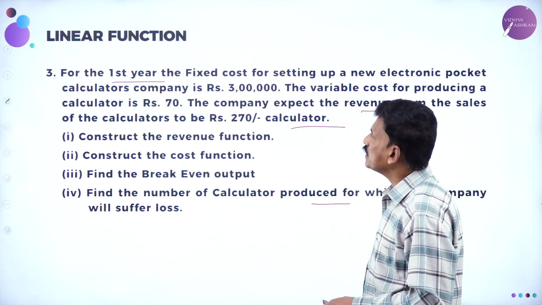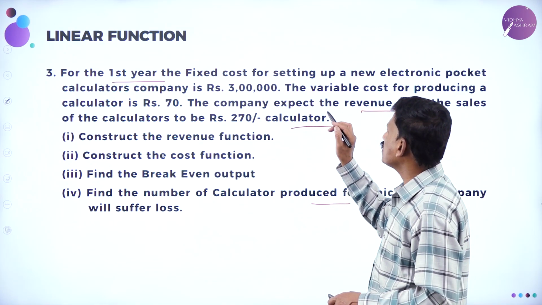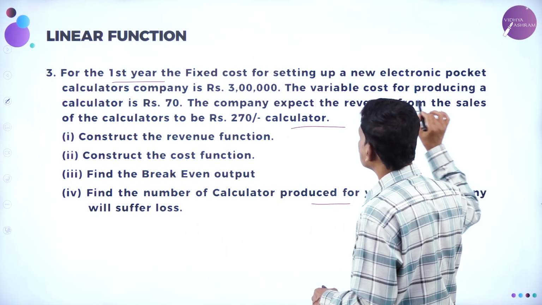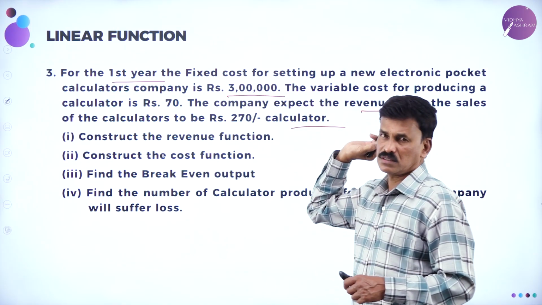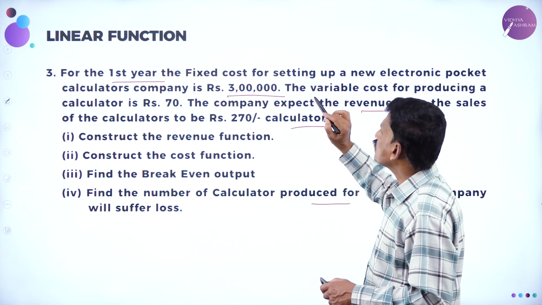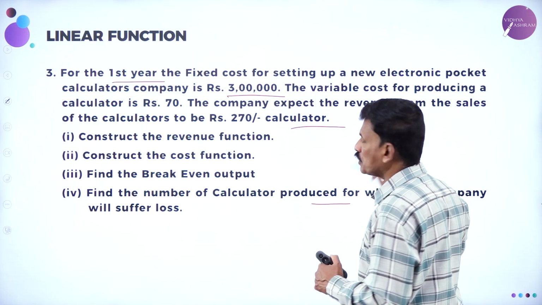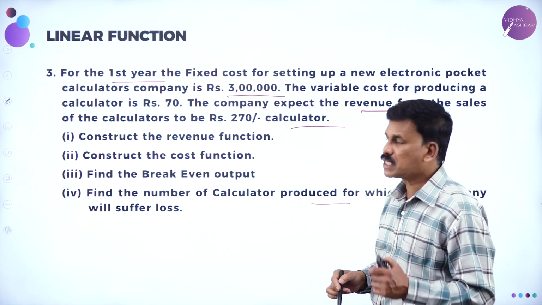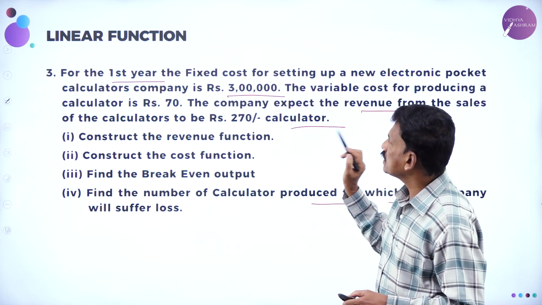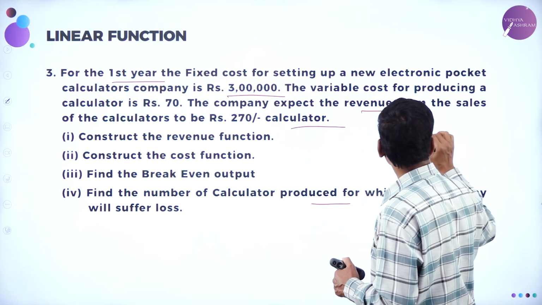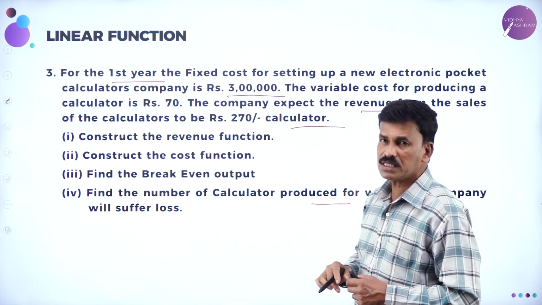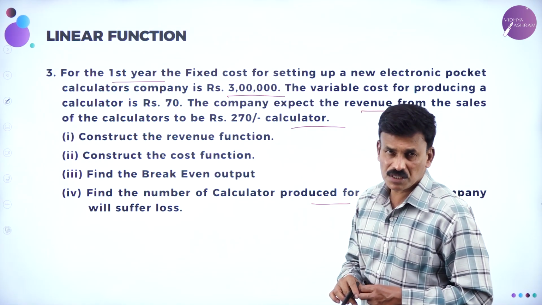Now here what is given? For the first year, the fixed cost of setting up a new electronic pocket calculator company is rupees 3 lakhs. The variable cost for producing the calculator is rupees 70. What is the variable cost?